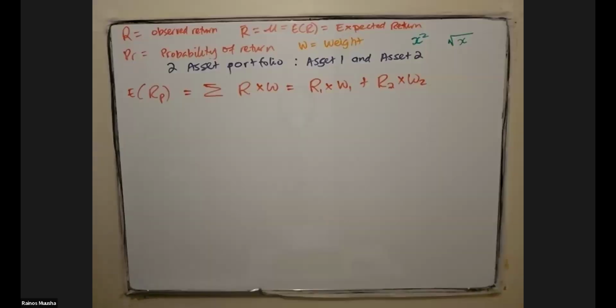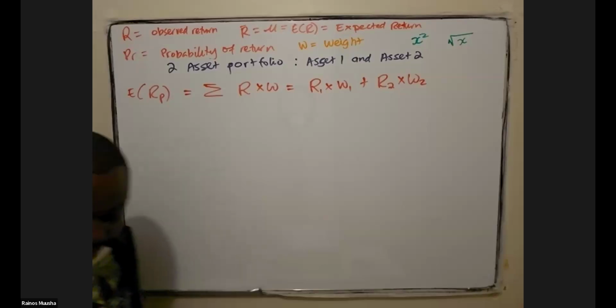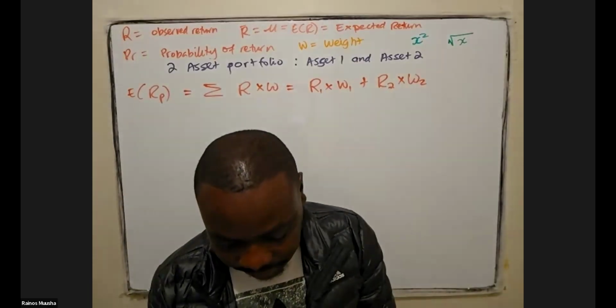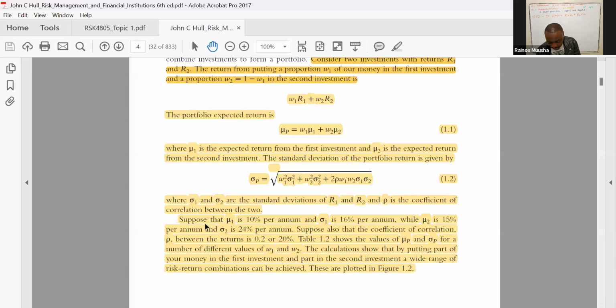So next, this is how you calculate the expected return of this particular portfolio. If you go back to the information they're giving us in this question, they tell us we're given two hypothetical assets, and then they say mu.